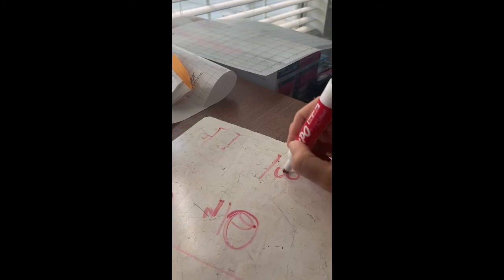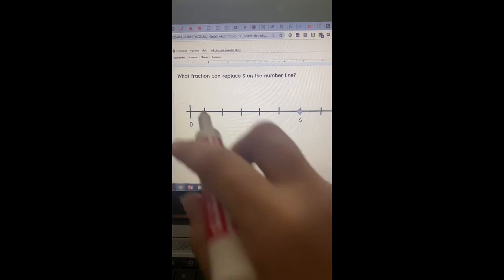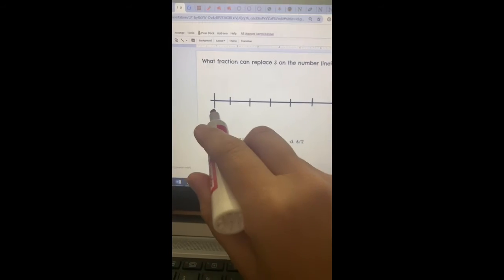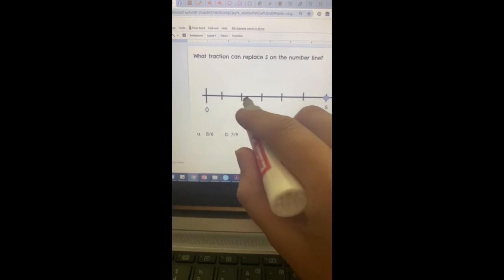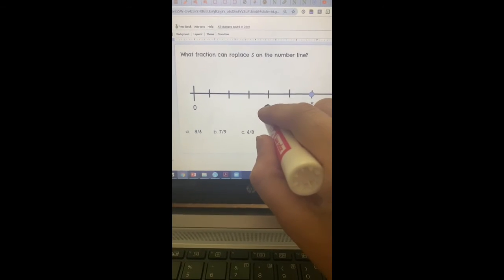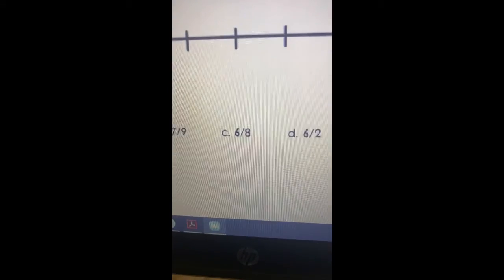So this whole piece is broken up into 8s. There's only one answer choice that has it broken up into 8s. Hopefully this is 6/8. If not, I would have to find an equivalent fraction. Yeah, good job, boys and girls. So 0/8, 1/8, 2/8, 3/8, 4/8, 5/8, 6/8. C is the correct answer.